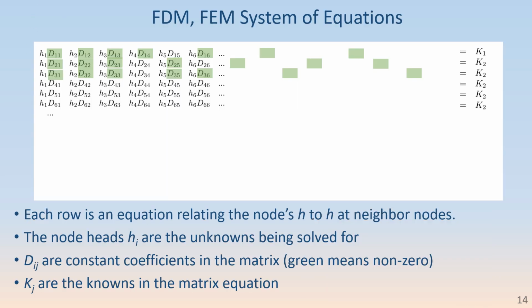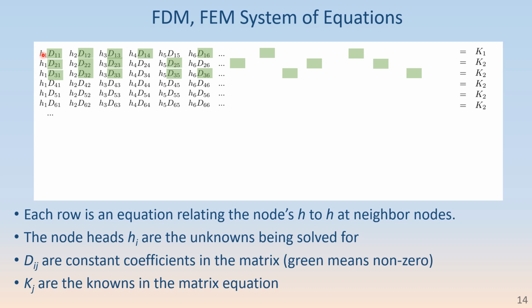This is a mock-up of the system of equations for a typical finite difference or finite element method model. And each equation is written in terms of the heads, the unknown heads at the node itself and its 6 neighbor nodes.